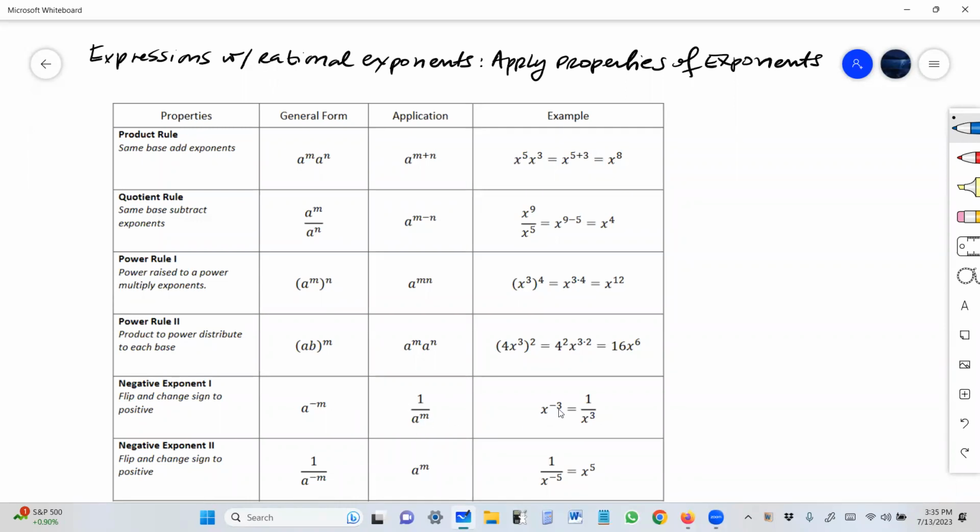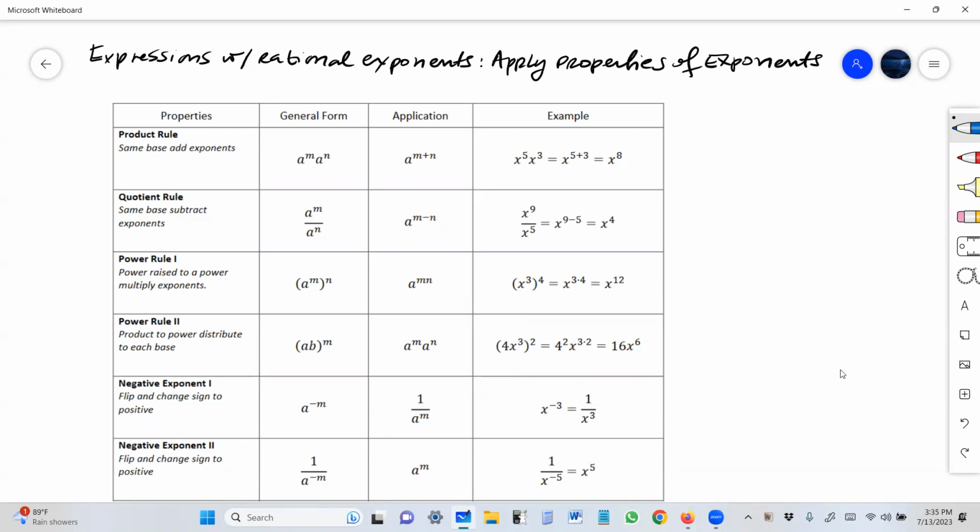So x to the minus 3 is equal to 1 over x cubed, and that's the answer that we would want. If the negative exponent, the last case, is in the denominator, it goes up to the numerator as positive. So if I had 1 over x to the minus 5, the x to the minus 5 goes to the numerator and it becomes x to the positive 5.